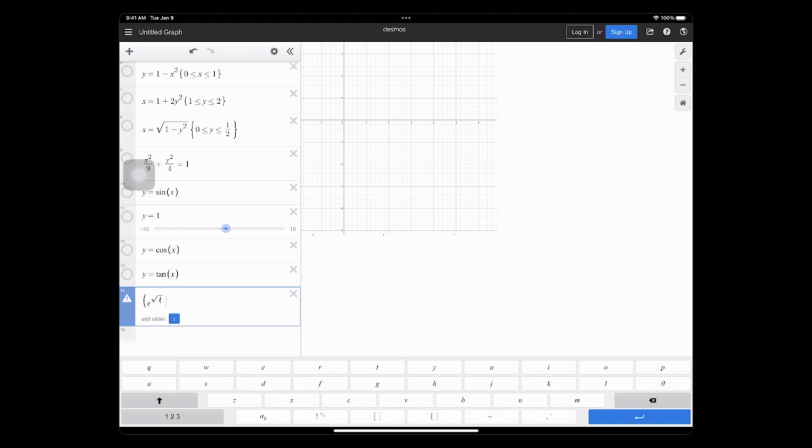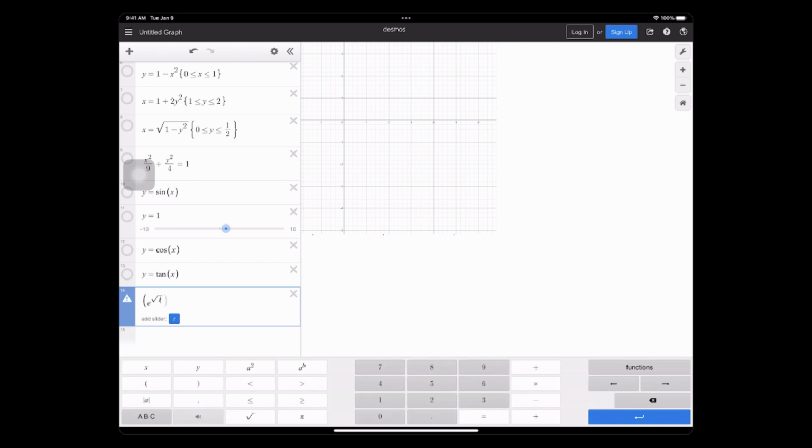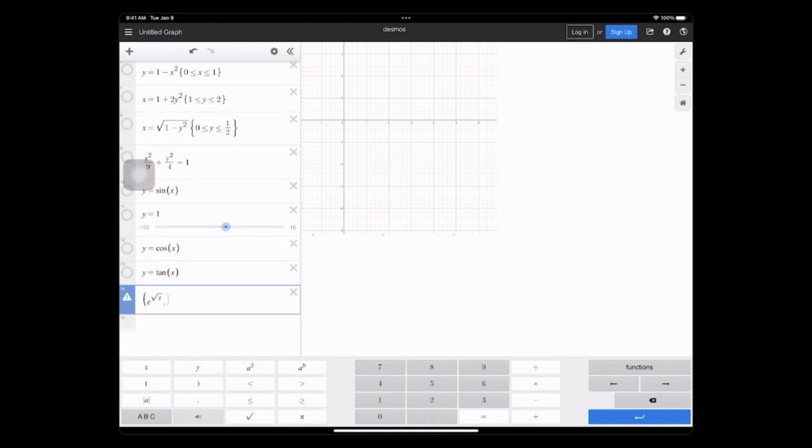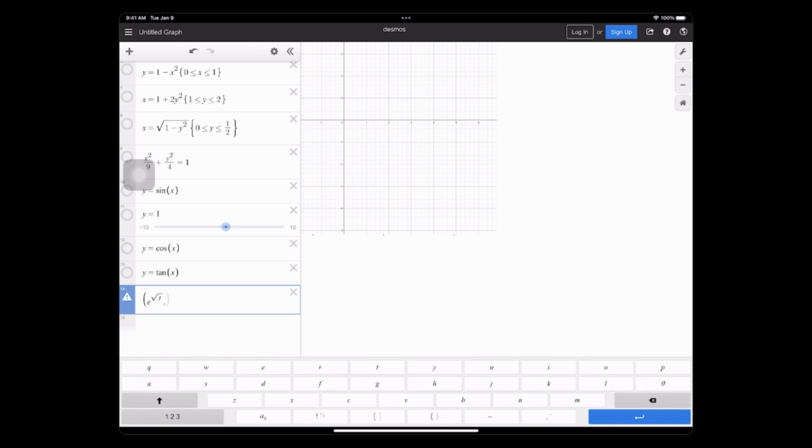Comma. What was the y function? Okay, t. Let's try that out.